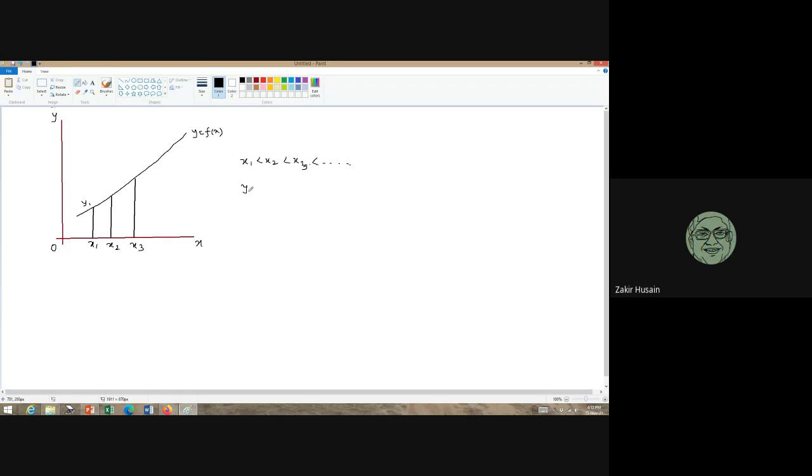Corresponding to these, we have y1, y2, y3. There is a relation like this. If we take a negative function, what is the relation?